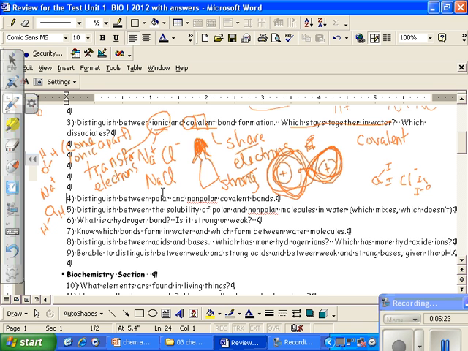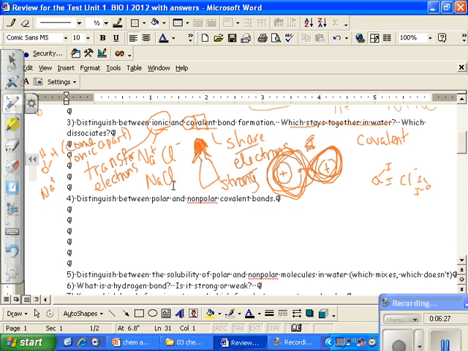Okay. Distinguish between polar and nonpolar covalent bonds. With this one, they are still both covalent, so they're those strong ones that don't come apart. The difference between them, think polar is opposites, and opposite would be something that has a slightly negative charge on one side and a slightly positive charge on another.